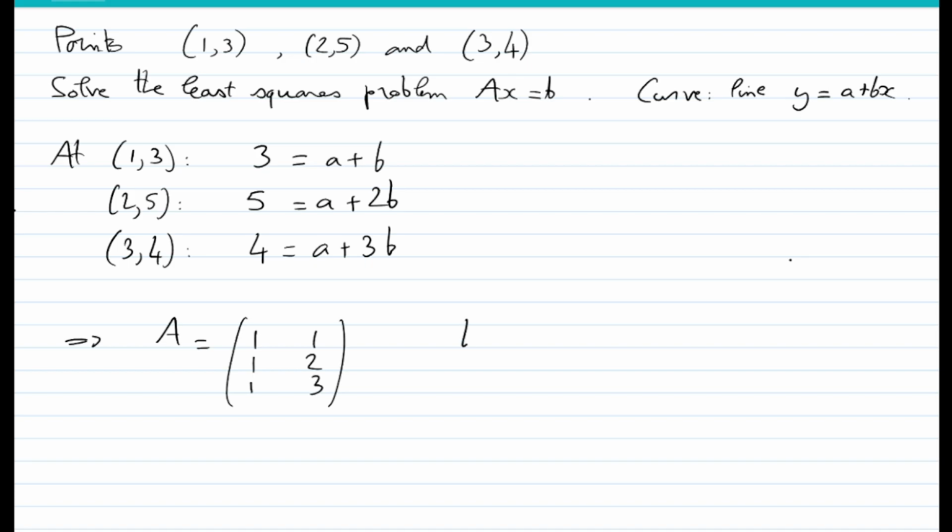B is the right-hand side, so this is 3, 5, and 4. And finally, X is just (a, b).